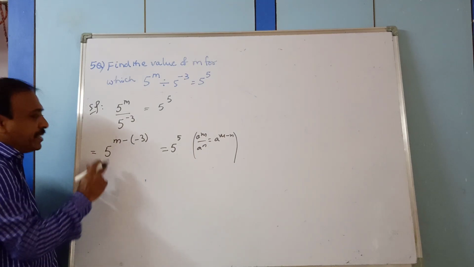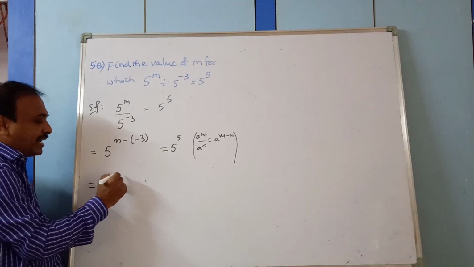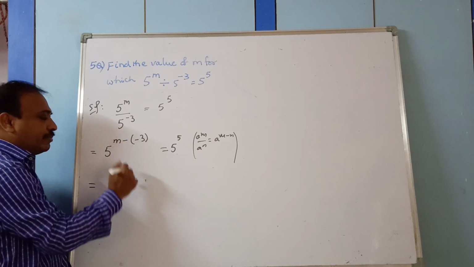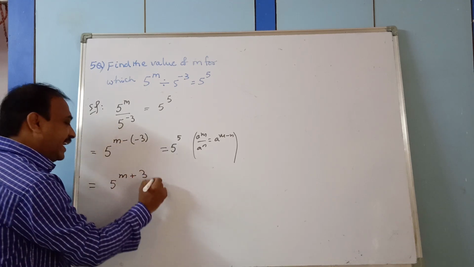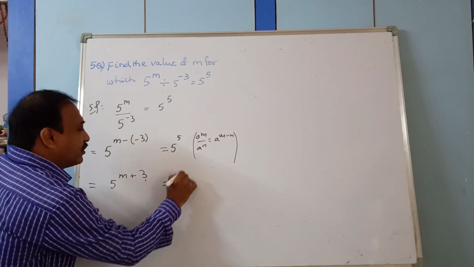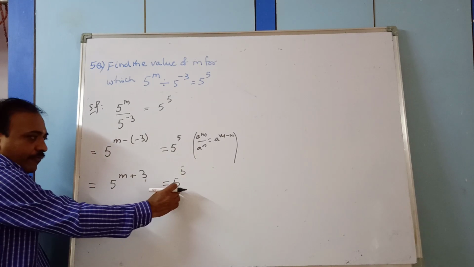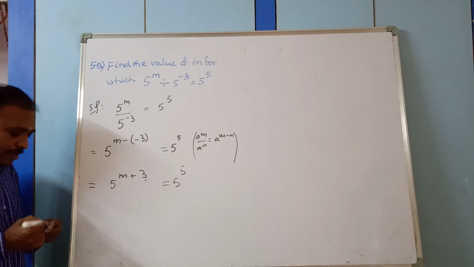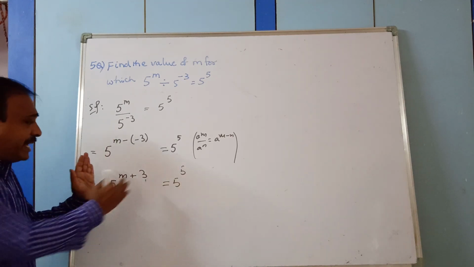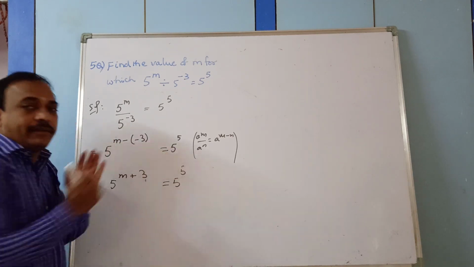Next step you see, 5 to the power m minus into minus plus 3 is equal to 5 to the power 5. Observe it. The equal sign is between 5 and 5. Now bases are equal, and this term is equal to this term.